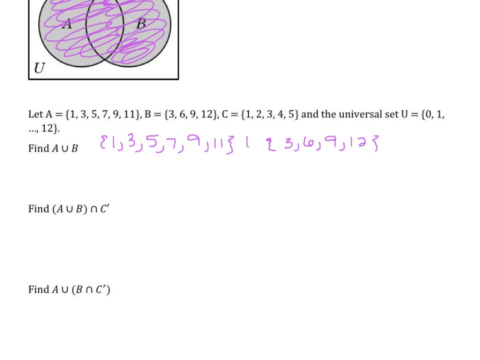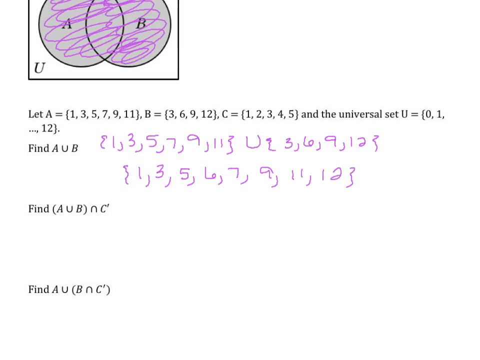We want to find what they have all together. So we have 1, which is in A. Neither of them has 2, so we skip 2. They have 3. There's no 4 in them, so it has to contain 5, has to contain 6, and 7, and 9, 11, and 12. So combining all of their units together.